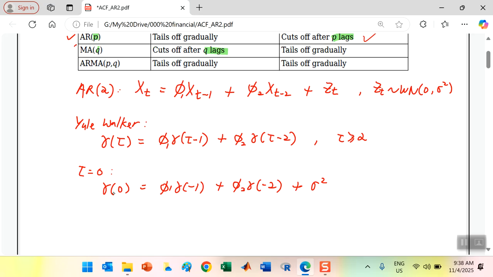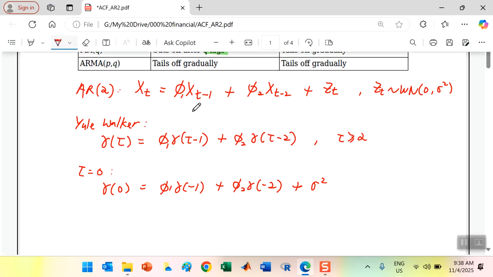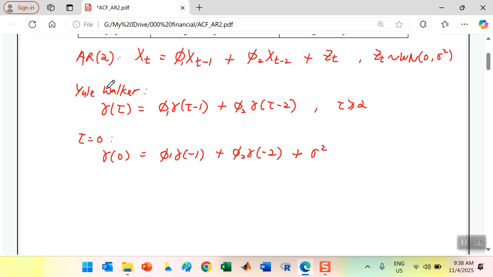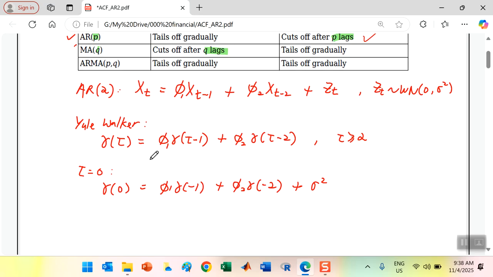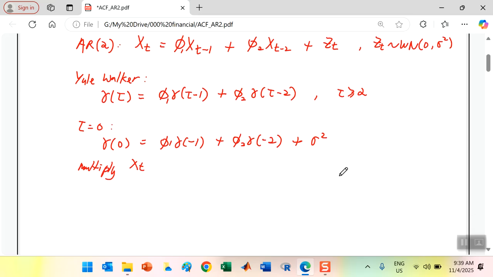So now we're going to multiply xt to this AR2. Therefore, we can have xt in terms of two series. We multiply the AR2 equation by xt.